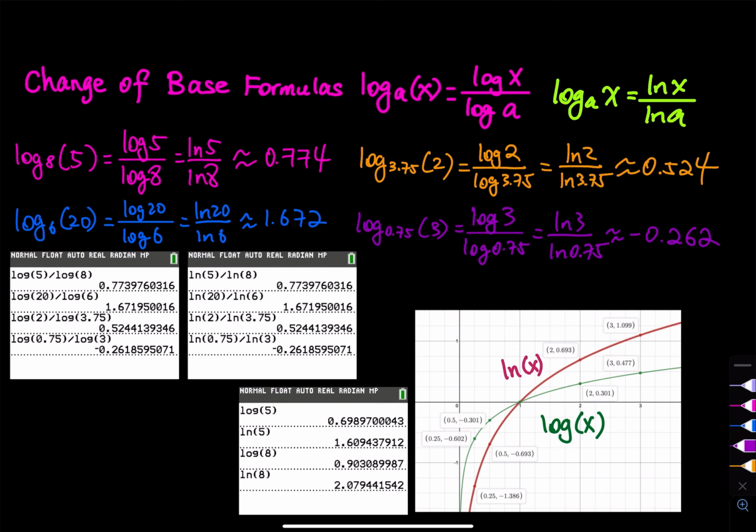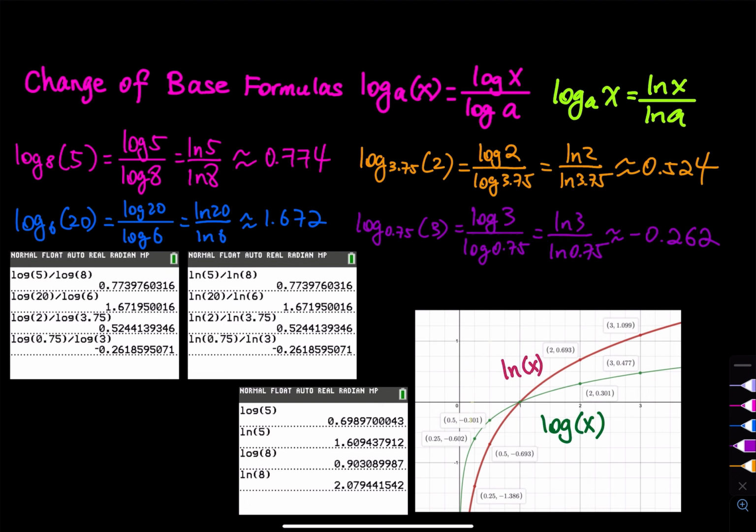Now, how come every single result is positive, but this one is negative? The negative comes from log of 0.75. Because for log and ln, when you look at the picture, when x is between 0 and 1, the curve is below the x-axis, so therefore the y value is negative. That's why the log and the ln of 0.75 give me a negative.